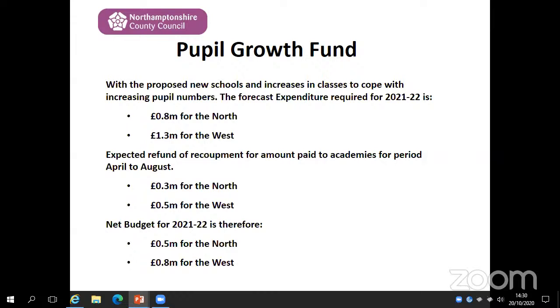Moving forward, you'll be looking at a 60% split in favour of the West Unitary Authority to ensure there's sufficient budget to cover growth in that area, and obviously a 40% split for the North, given the growth we're anticipating in each unitary authority area.